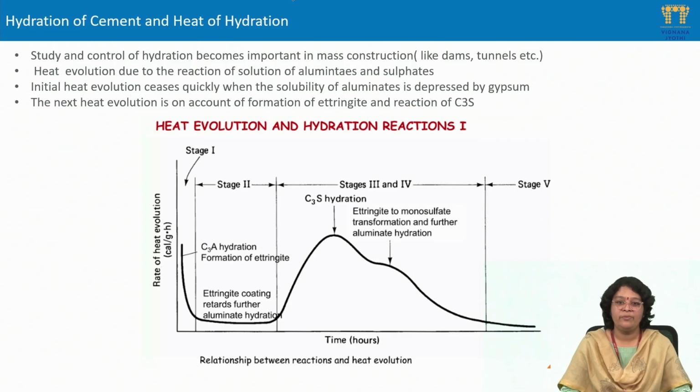After that the ettringite is transformed into monosulfate, because of which a hump is seen at stage 4, though there is a reduction in the liberation of heat there. After which there is a steady increase in heat during stage 5 of the hydration process.